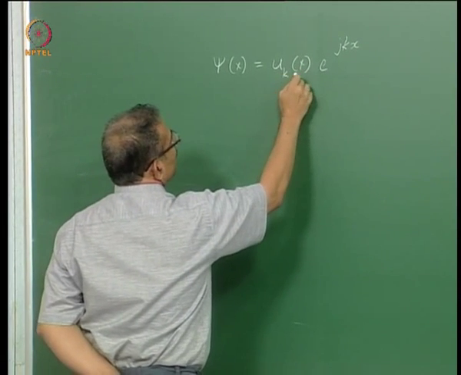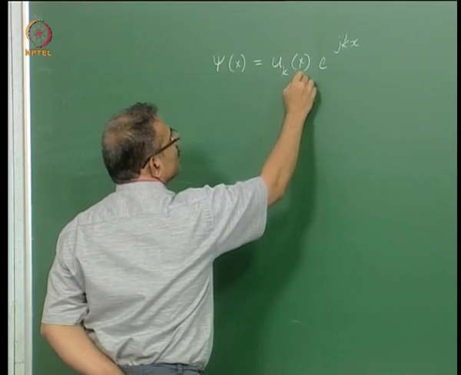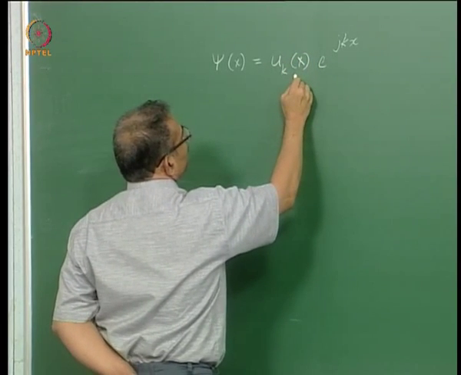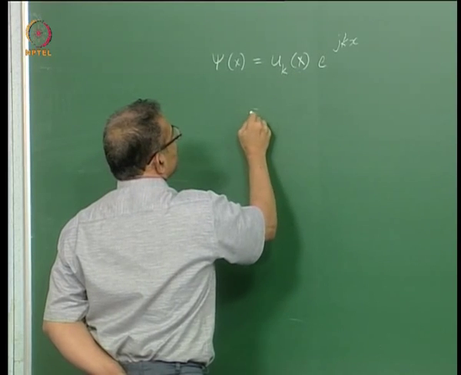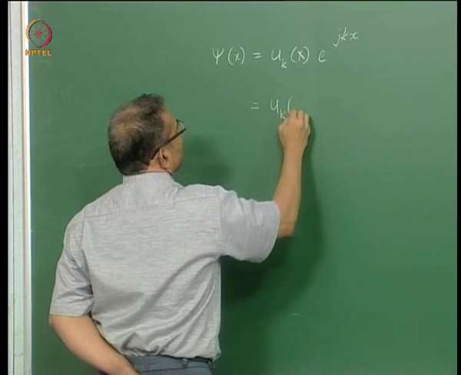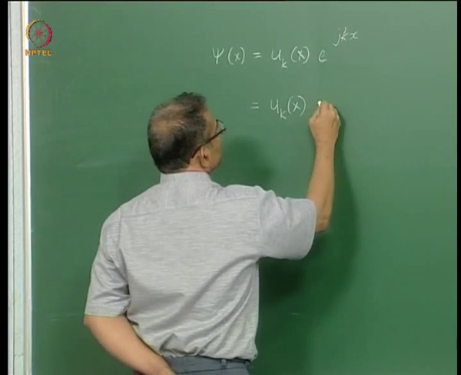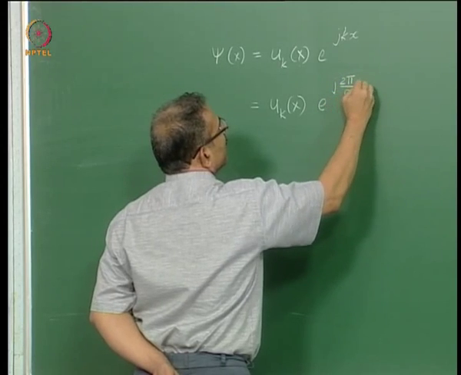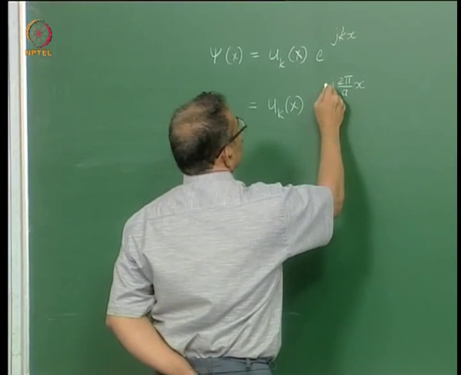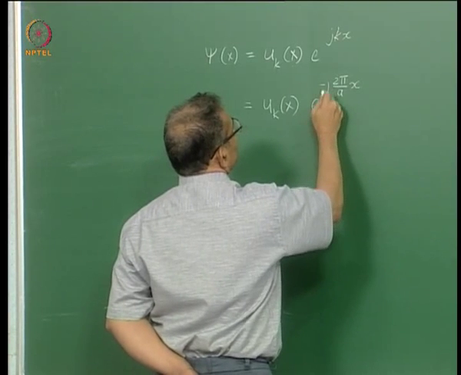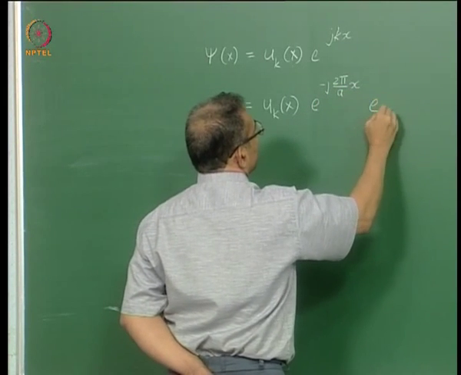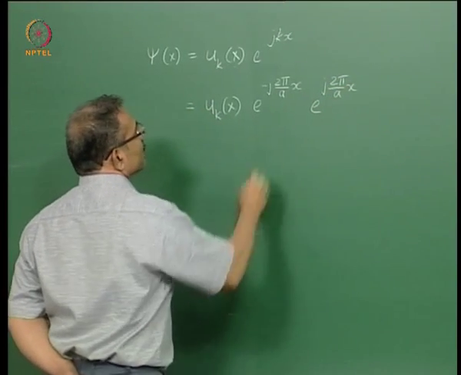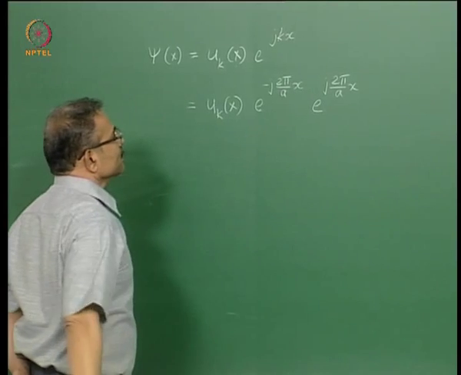Now, since u_k(x) is periodic with a period a, let us multiply this right hand side and divide by a function e power j into 2 pi by a into x. So, I am going to multiply by e power minus j 2 pi by a x and e power j 2 pi by a x. Note that the product of these two is 1.